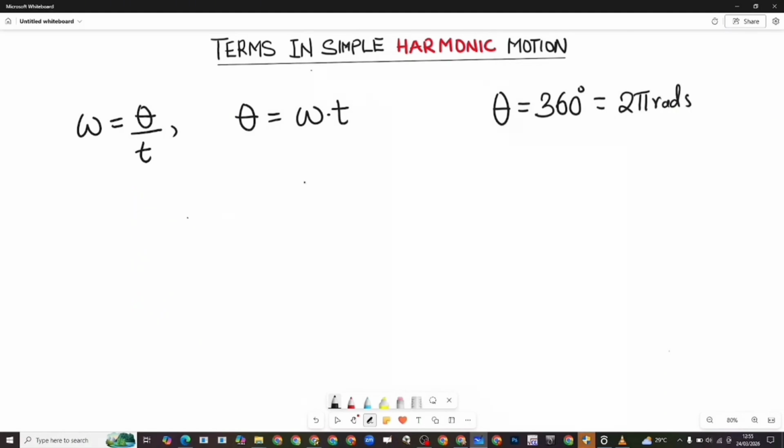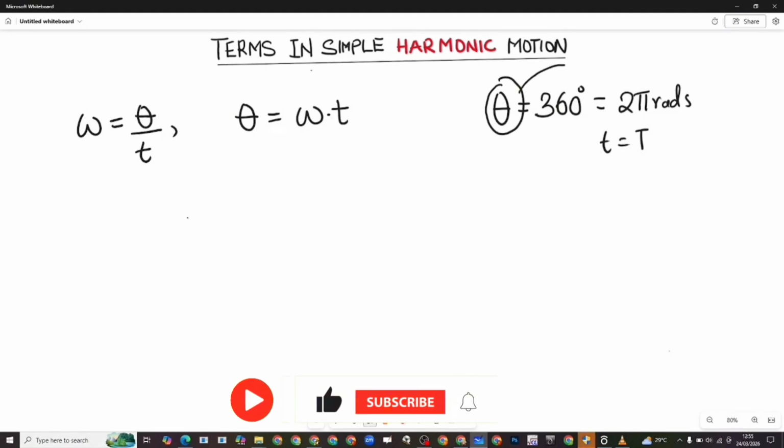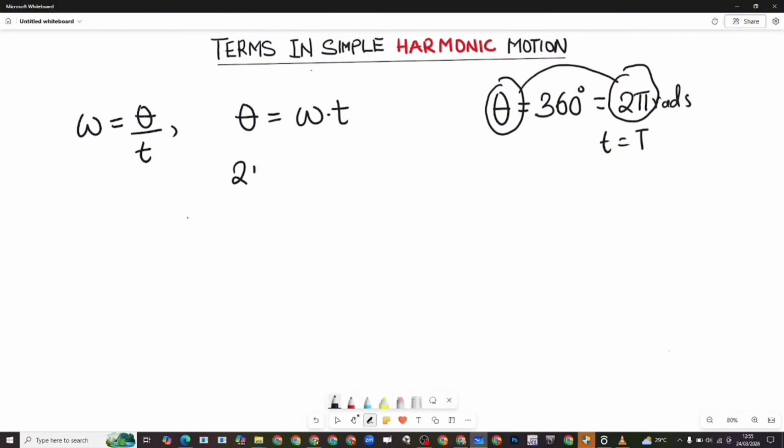I've said this many times. With this, our t, the time, becomes the period. So I can substitute theta with 2 pi, and say 2 pi is equal to omega t. If I divide both sides by t, I now have omega is equal to 2 pi over t.